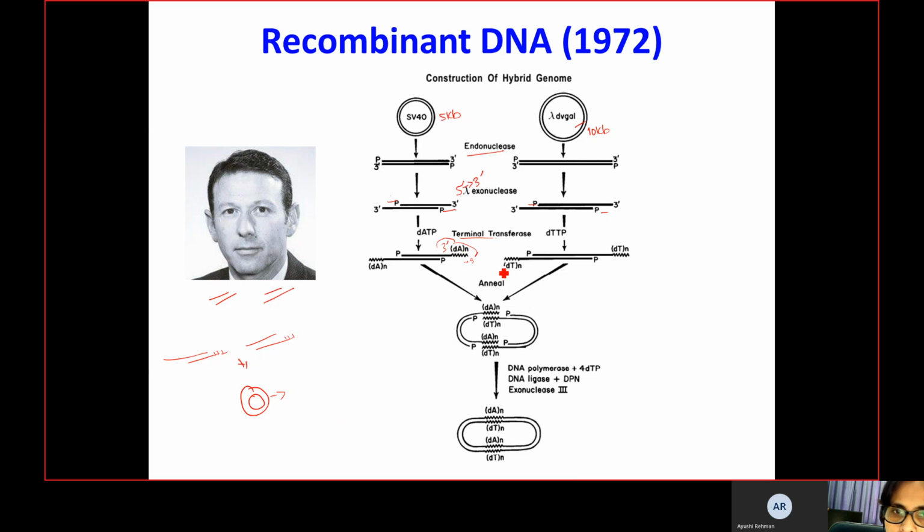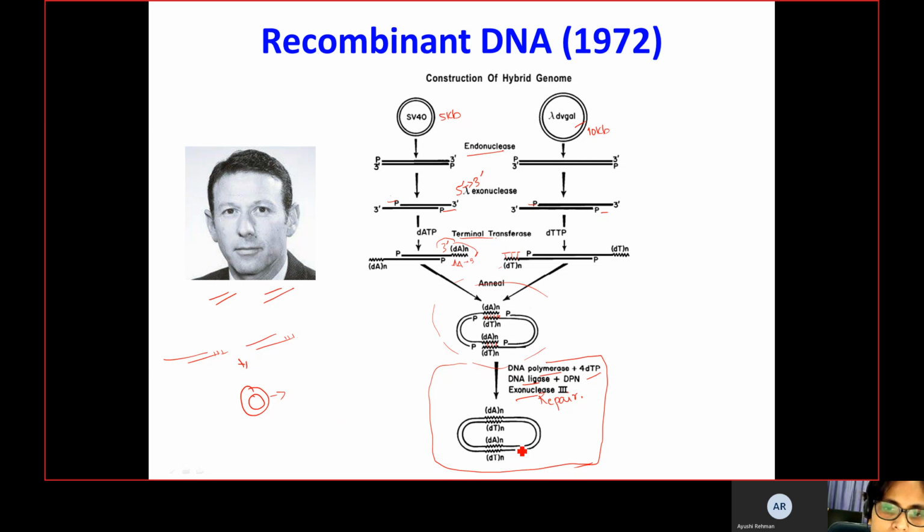So here he added AAA and here he added TTT. He annealed these two together so that the complementary tails form base pairs, and to prepare the recombinant in the end, he used different kinds of repair enzymes, for example DNA ligases, DNA polymerases in the presence of all types of dNTPs, and exonucleases, which are repair enzymes.